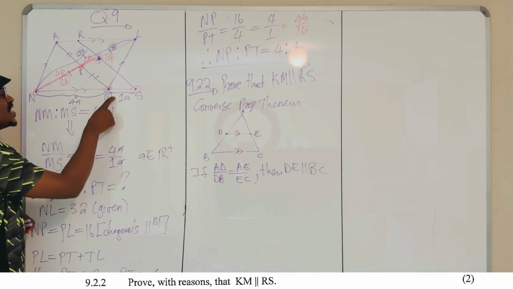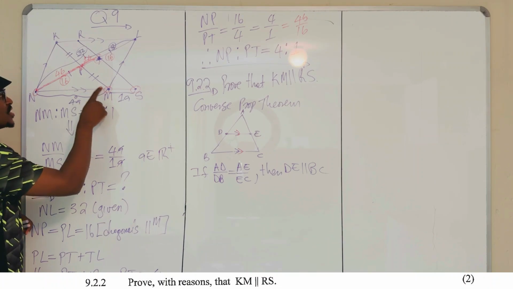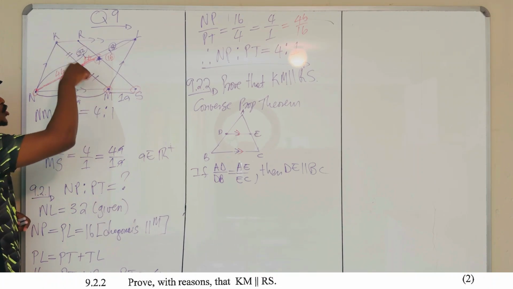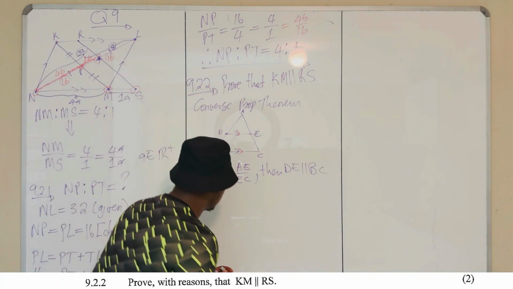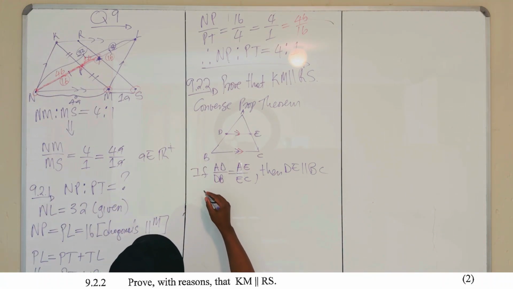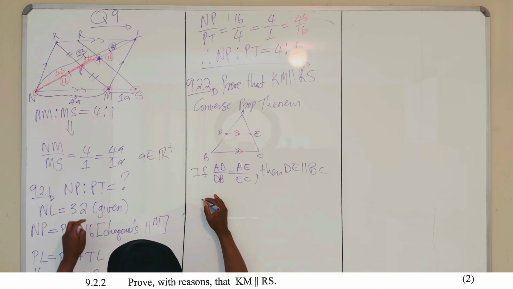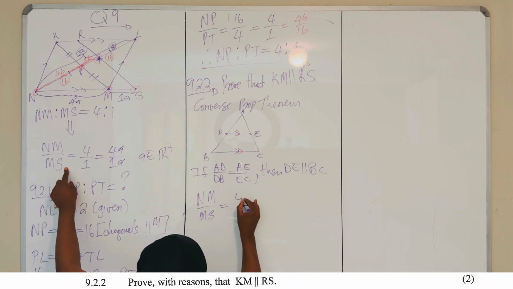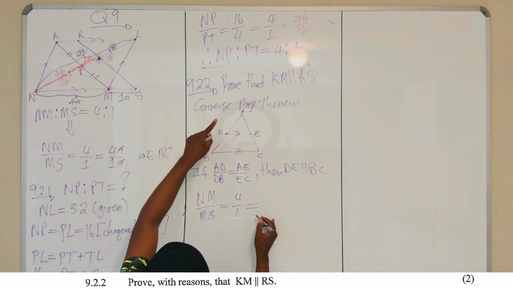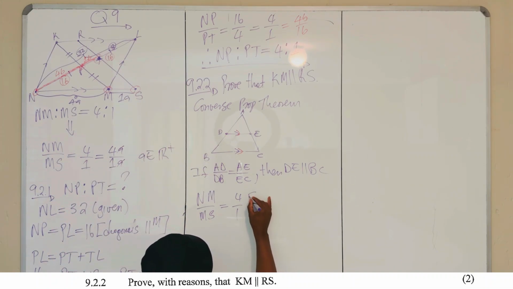That means this and that are parallel, and so will those two. So in that case, to write this down, I will say NM over MS is equal to 4 over 1, which is given.